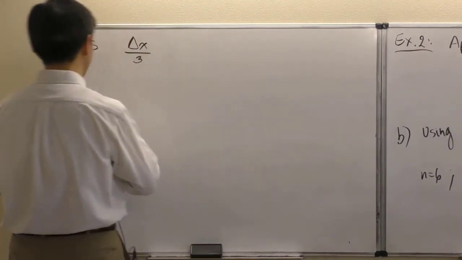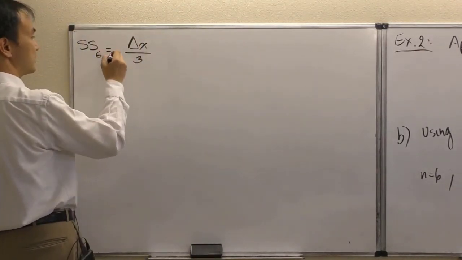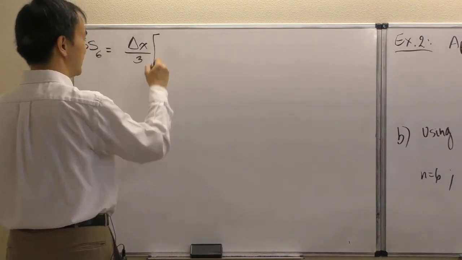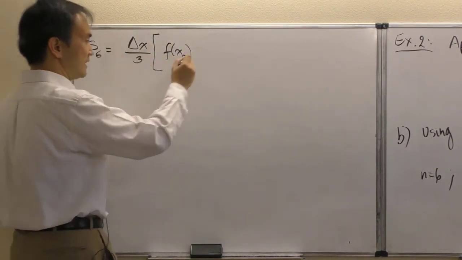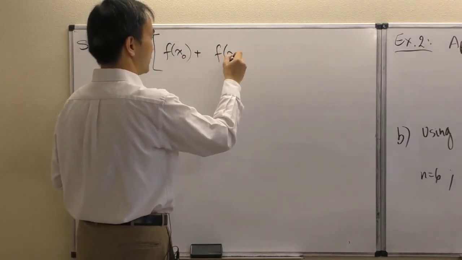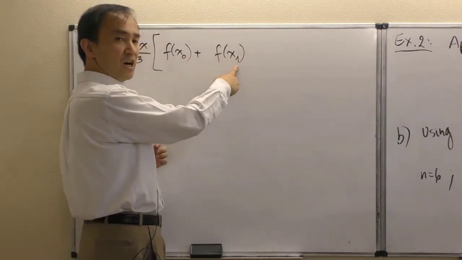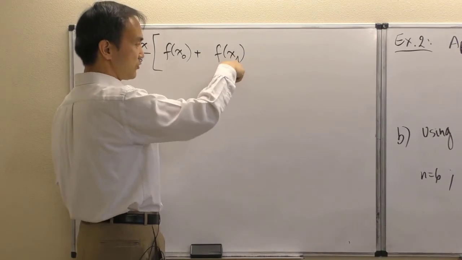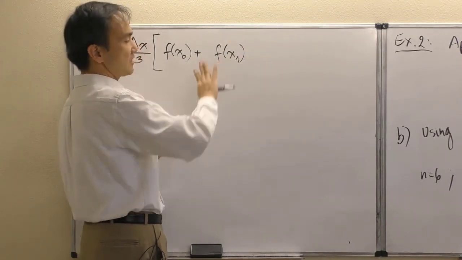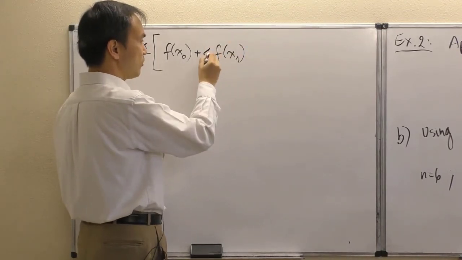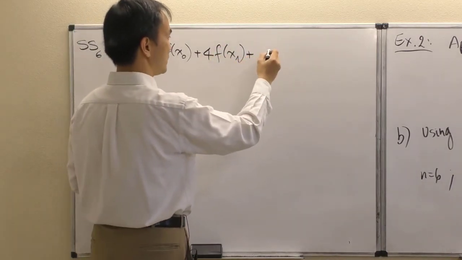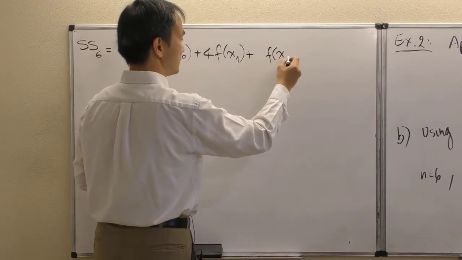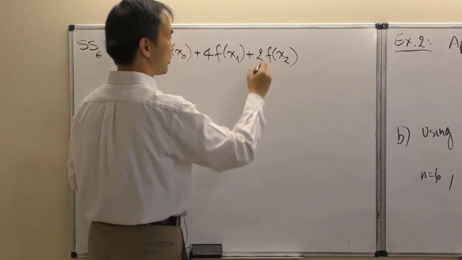All right, so using 6 subintervals, here's my formula for the Simpson's rule. f of x0 stays with coefficient 1. f of x1, this one has odd index at the partition point, so I have to multiply that f of x there with coefficient 4. The next one here is an even index on the partition point. We multiply with coefficient 2.